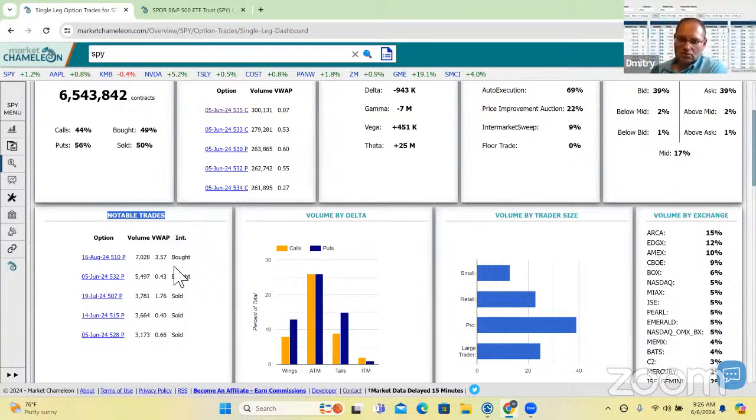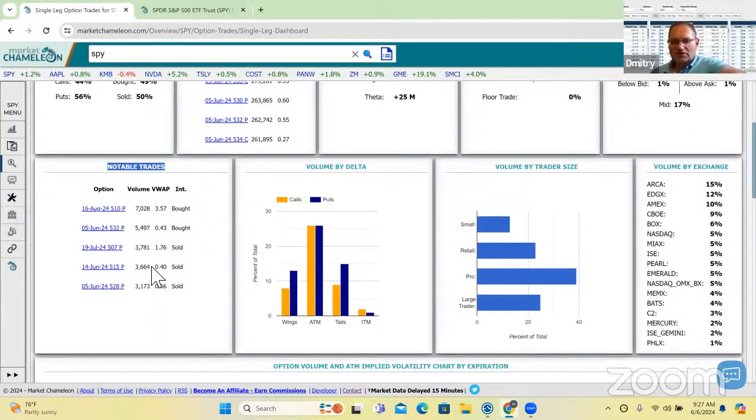And here, now we see something a little bit different, right? Because here, June 5th, we see lots of volume, but that could have been just distributed amongst many different trades. And that doesn't mean one trade happened with 300,000 contracts. Here, these are looking at just large, single trades.